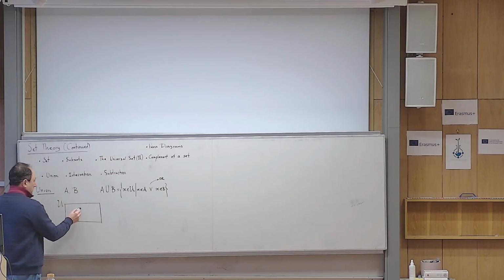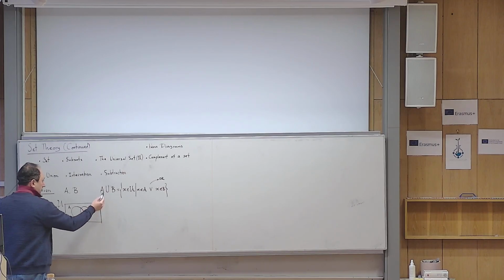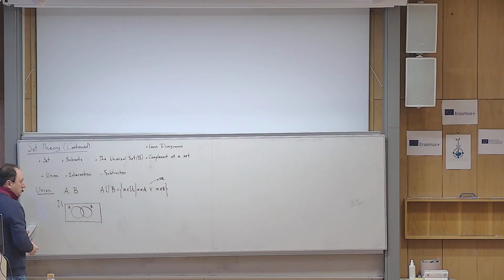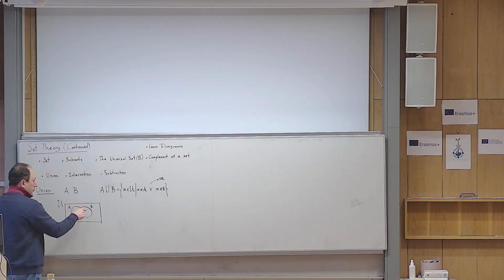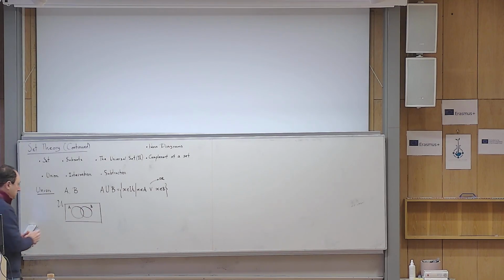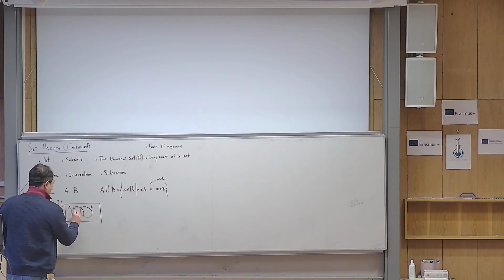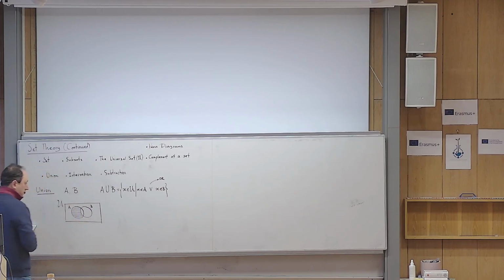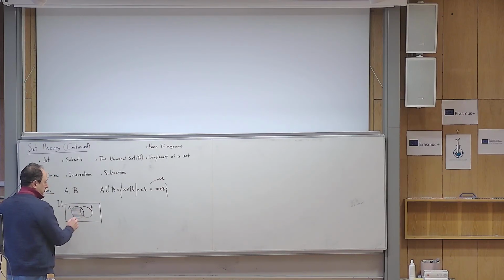So for example, if this set is A and let us say this set is B, the union of these two sets means those elements which are either in A or in B or of course in both. The parts that I am marking are the elements within A only, and these are acceptable.